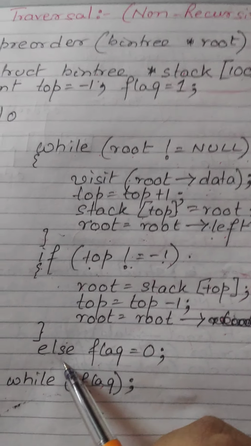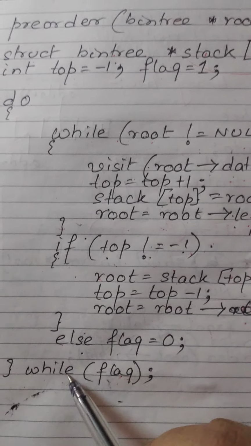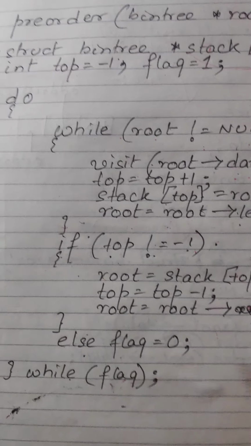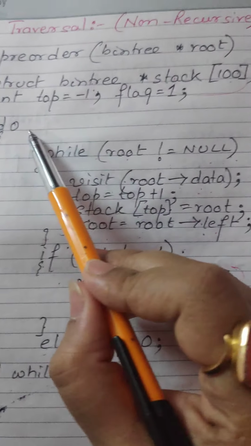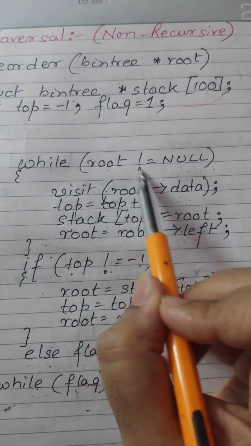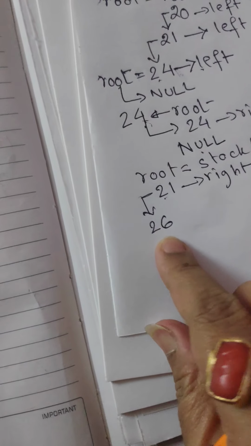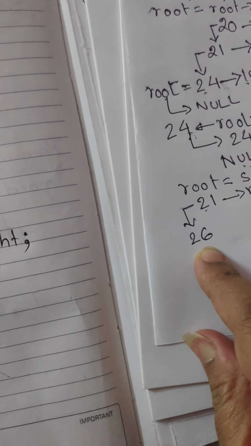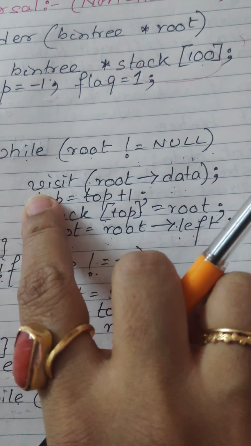Now else part will not be executed because we have already executed the if condition. You come over here, while flag. So flag value is again 1. So you go back while root not equals to null. Now currently our root is 26. So it is not equals to null. It is true. So you enter the while condition, visit root data.